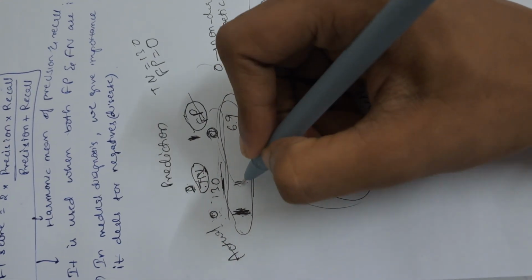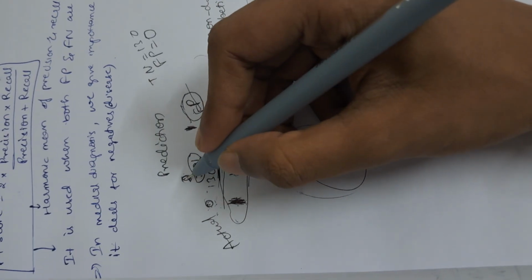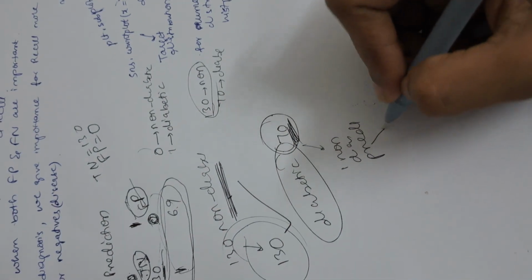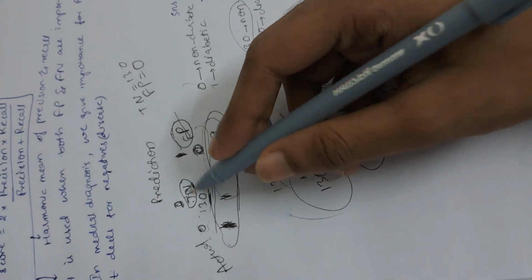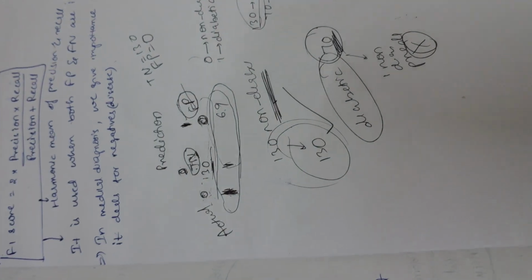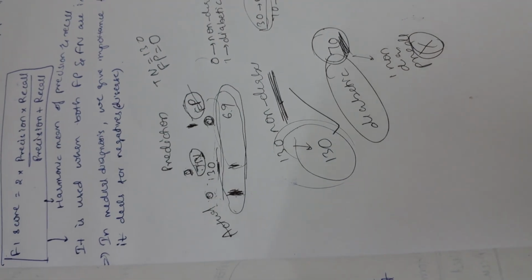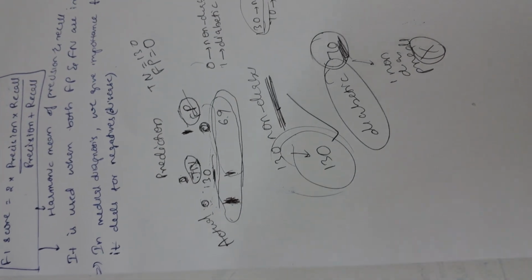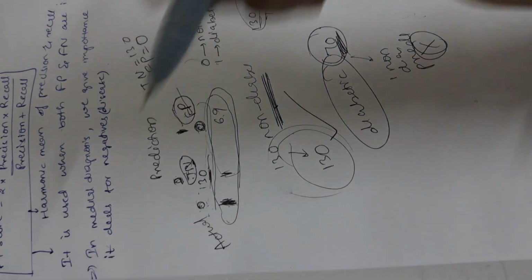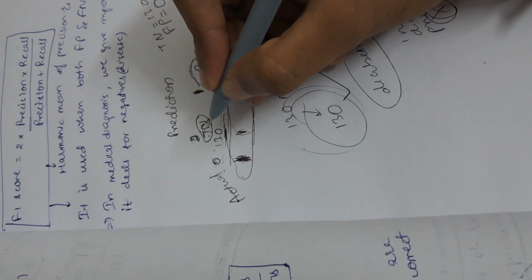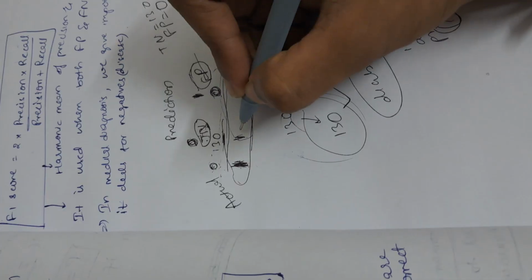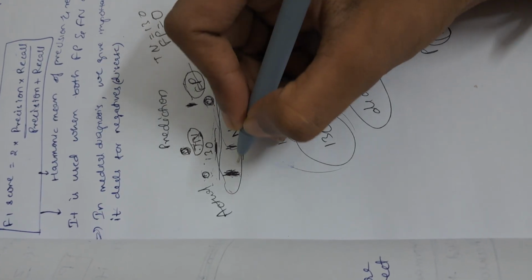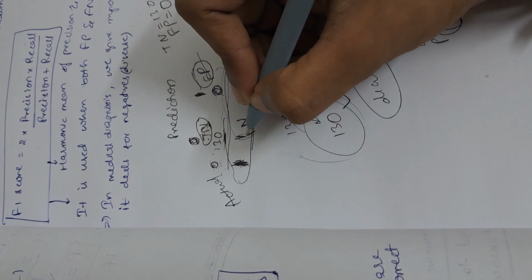Actually he is diabetic, but you have predicted non-diabetic. So one is wrong. You have predicted one patient incorrectly. That is a false negative: predicted negative, but actually positive.